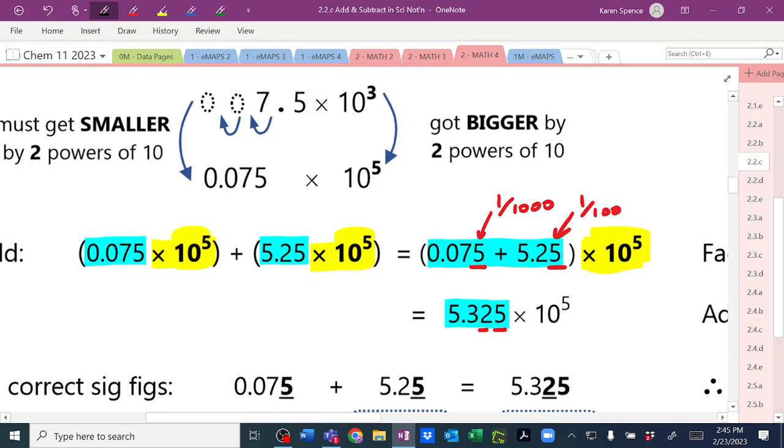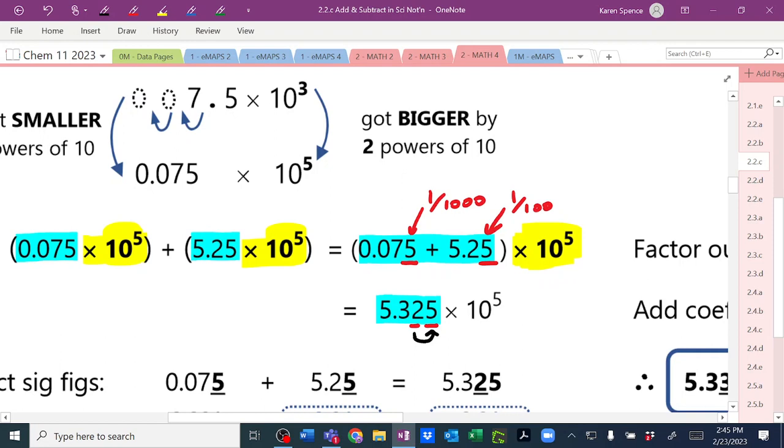So we are going to look to the right, and that's going to round up. So that's going to become 5.33 times 10 to the 5.